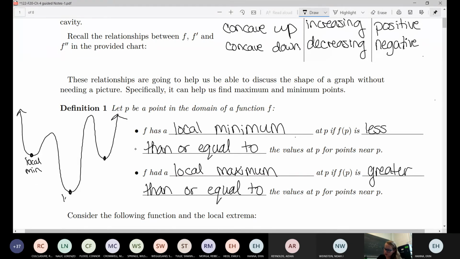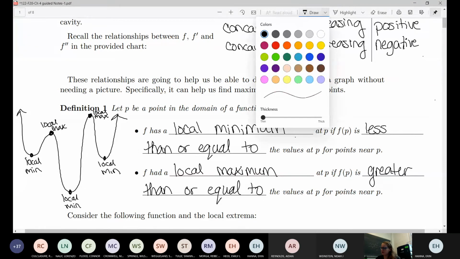So local min, local min, local min. And then these 2 points at the peaks, if you will, would be local maxes. Local max, local max. Sorry, that second local max got a little squished.